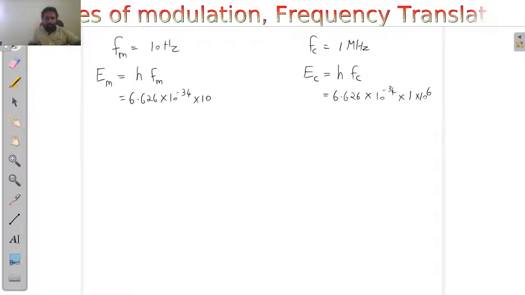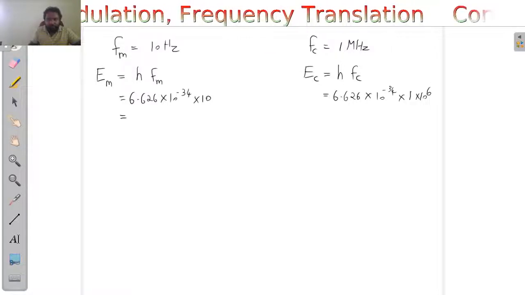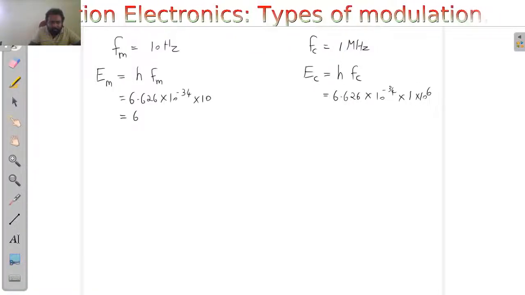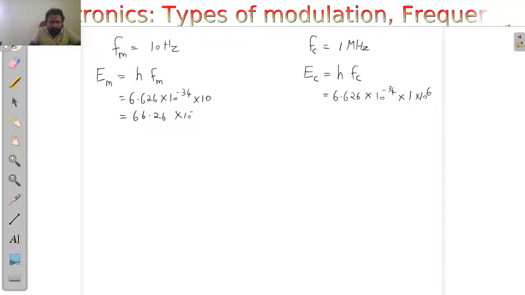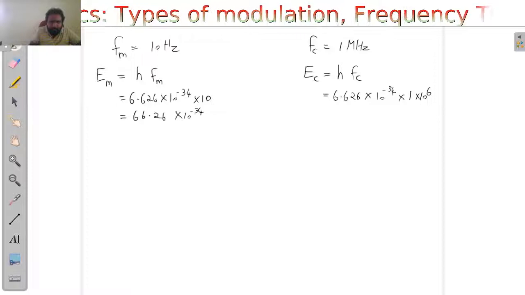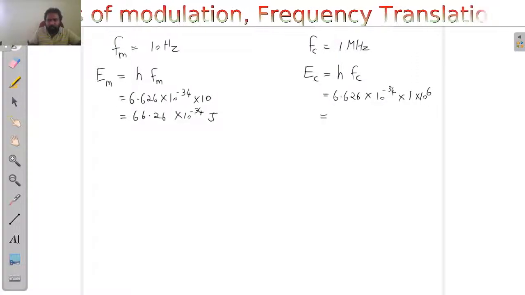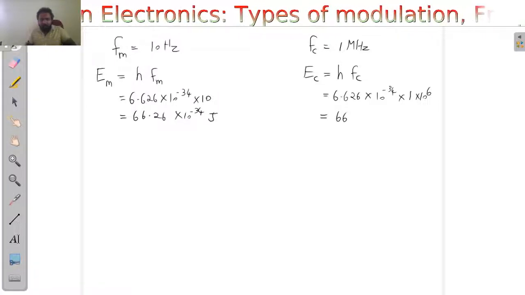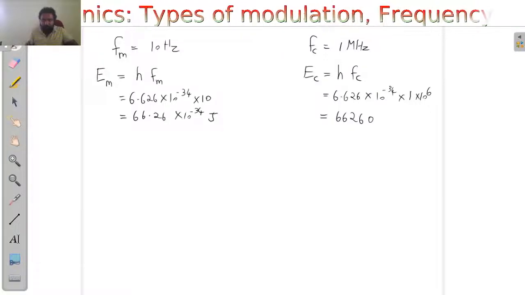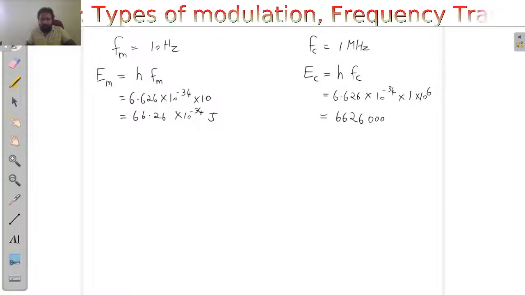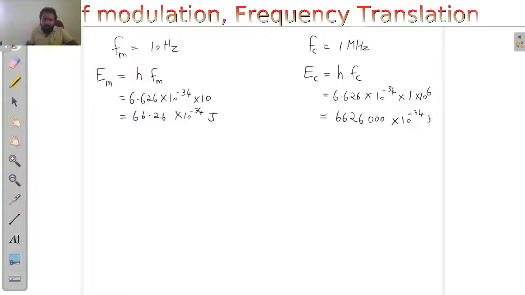Then what I get after calculating this expression is 66.26 times 10 to the power minus 34 joule, and in this case this will be like 6626000 times 10 to the power minus 34 joules.